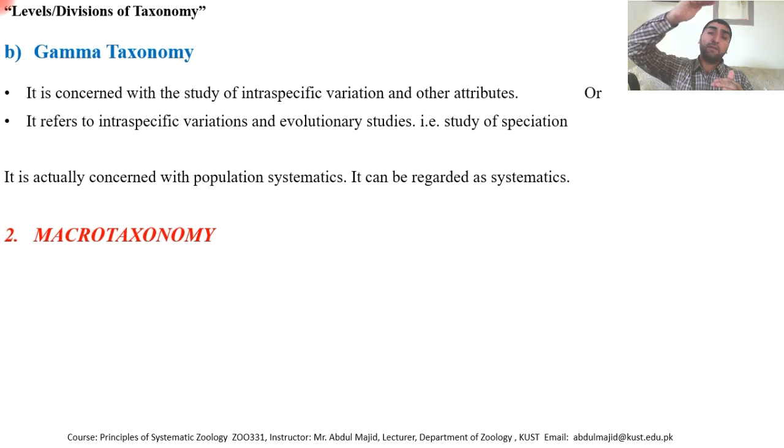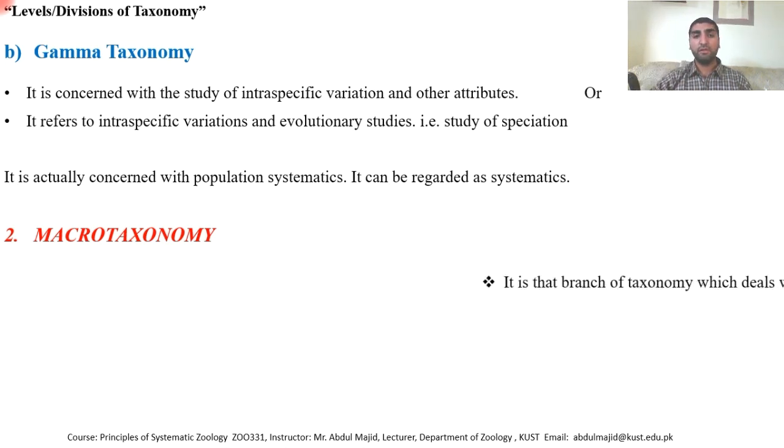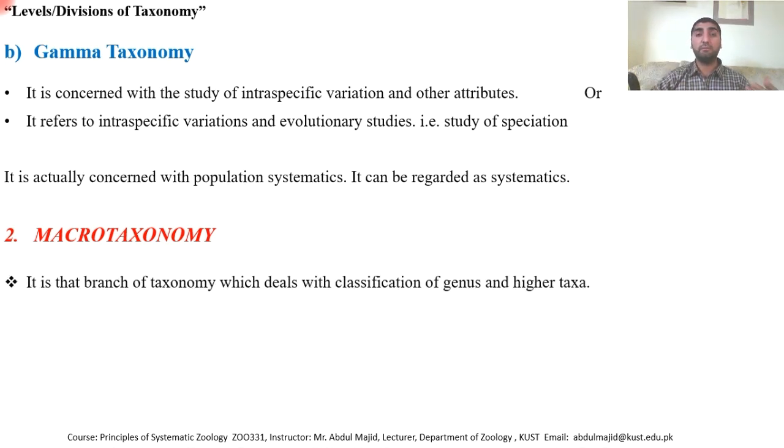These are upper classes, so we call them macro classes. When we are studying above species, at genus level or above, this is called macrotaxonomy. As the name indicates, it's at the macro level.